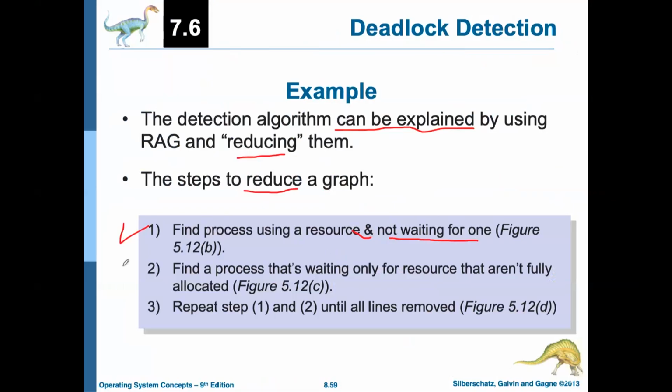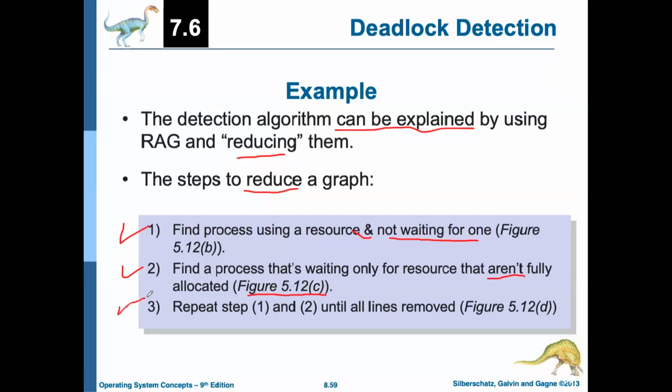Next, find a process that is waiting only for resources that are not fully allocated, which is figure 5.12c.